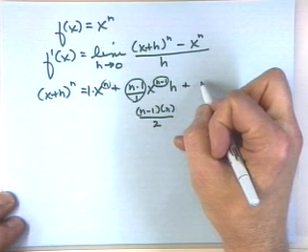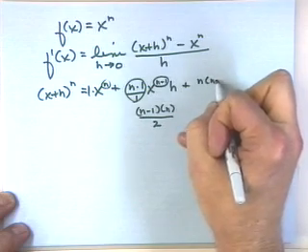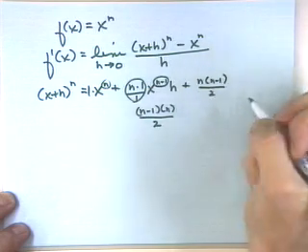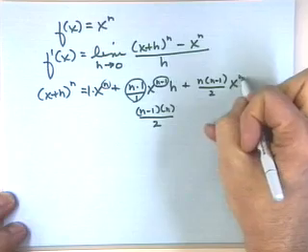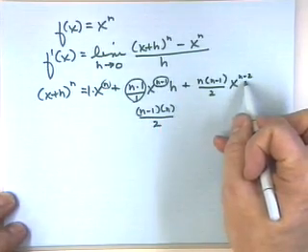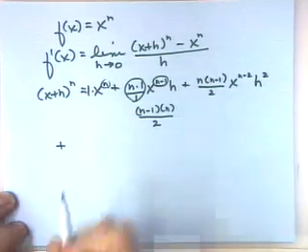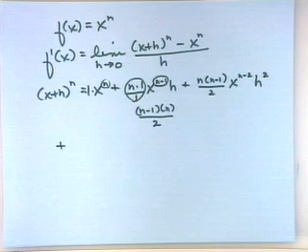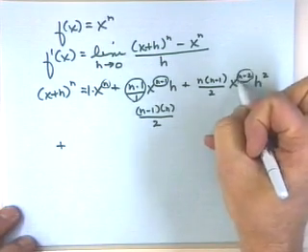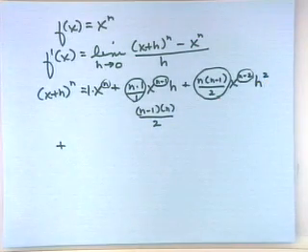I'm not trying to pull a fast one on you here. n times n minus 1 all over 2, x to 1 degree less than it was here. So it's n minus 1 here, so it's got to be n minus 2 here, h to the second. Now it's going to get good. This times this divided by 3. Is that right? For the next coefficient.